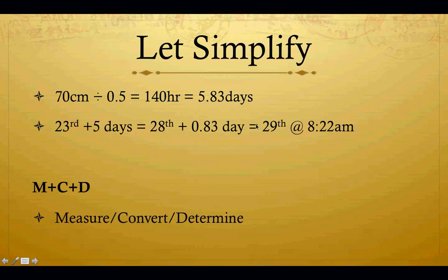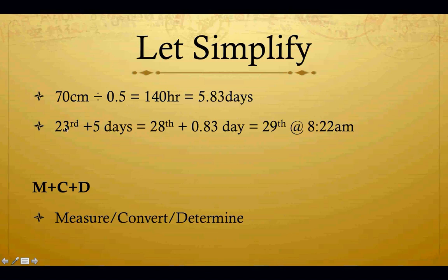We'll simplify it even more, because once you get the hang of it, you realize how simple it is, in the sense that you'll just be able to do these calculations in your head. So you have the 70 centimeters right here, divided by your 0.5 equals your 140 hours, equals your 5.83 days.